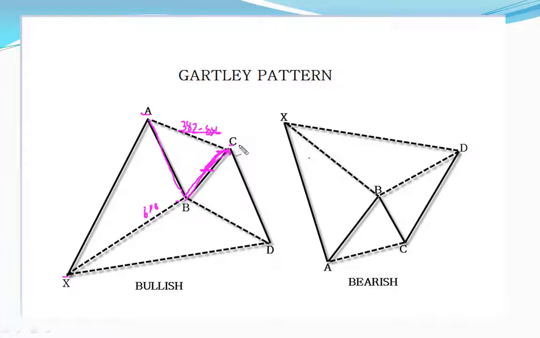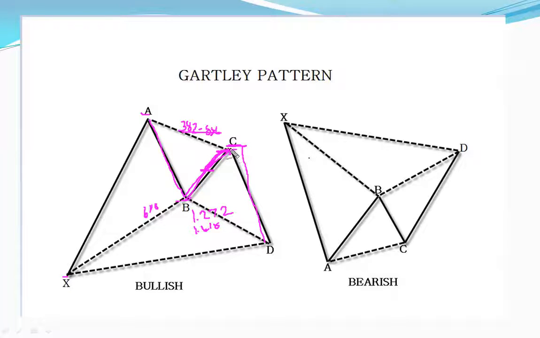And then when the market goes from C down to D, that's that extension we were looking at, and that's that 1272 to 1618.